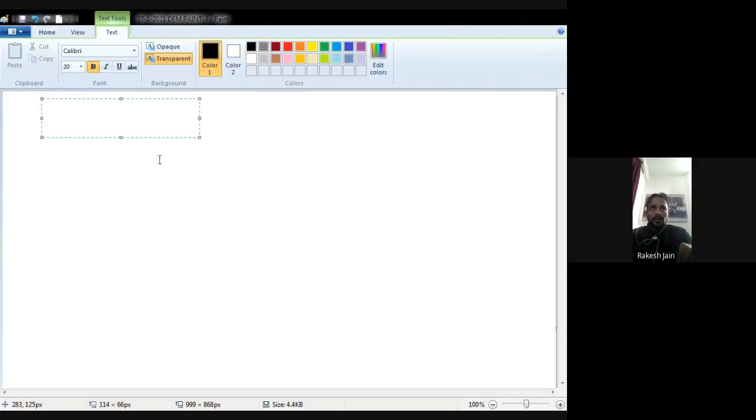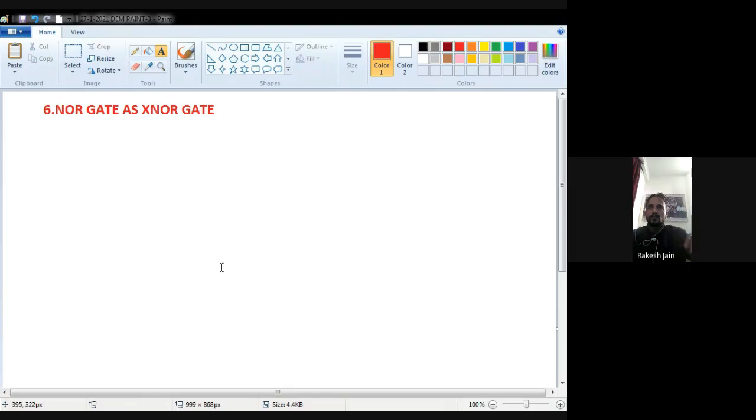Next one is NOR gate as XNOR gate. Now how to convert NOR gates into a XNOR gate?